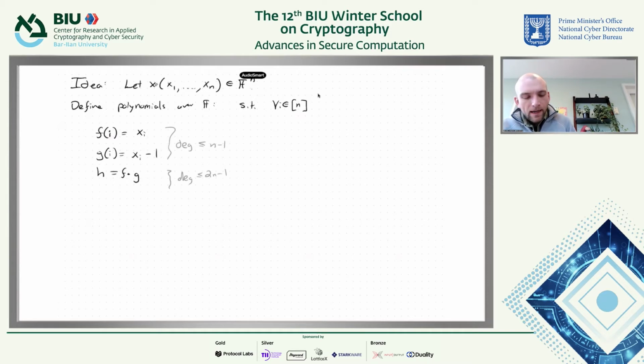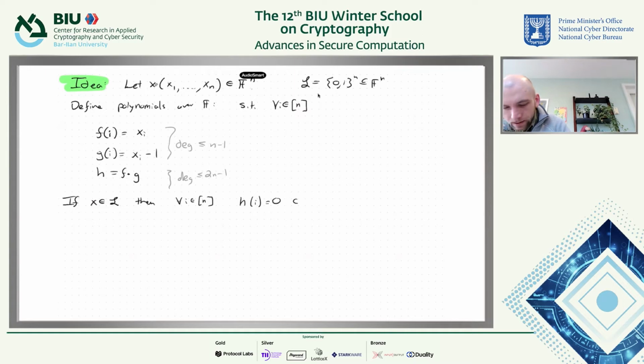Okay, so why is this the right thing to do? Why is this the right idea? What you can observe is that if x is in this language, I'll write it up here, the language of 0, 1 strings, then for all i in 1 to n, h(i) is equal to 0.